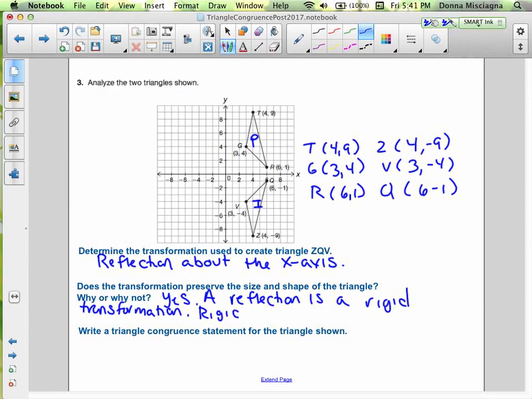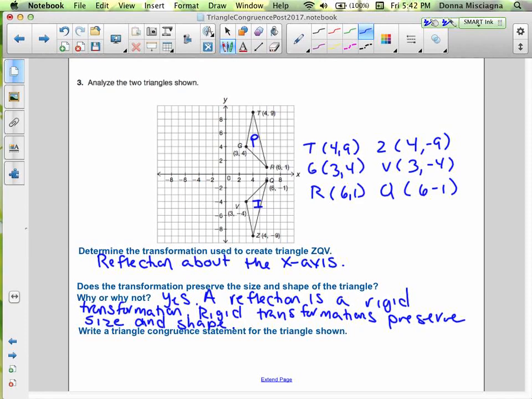Rigid transformations preserve size and shape of figures. Size and shape. I just put size and shape. Right? So if we can map one figure to another using a rigid transformation, then the figures have to be congruent. We want to write a congruence statement for the triangle shown.